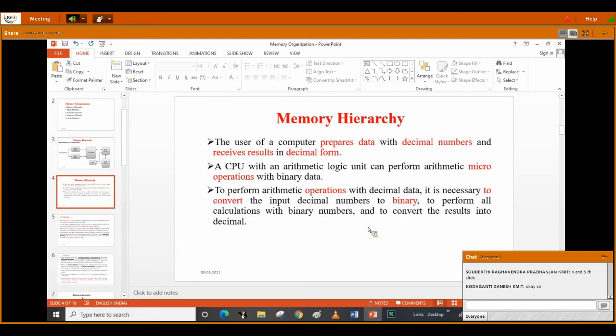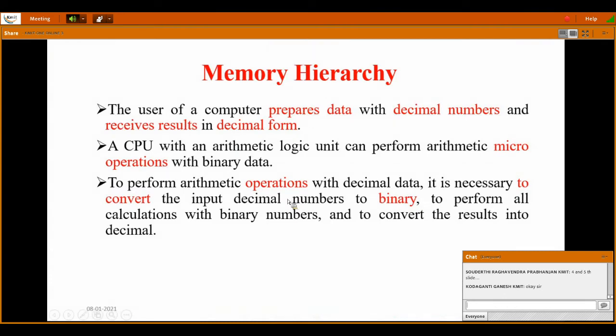What is the memory hierarchy here? The user transfers data in decimal form and receives results in decimal form. A CPU with an arithmetic logic unit can perform arithmetic micro-operations with binary data.